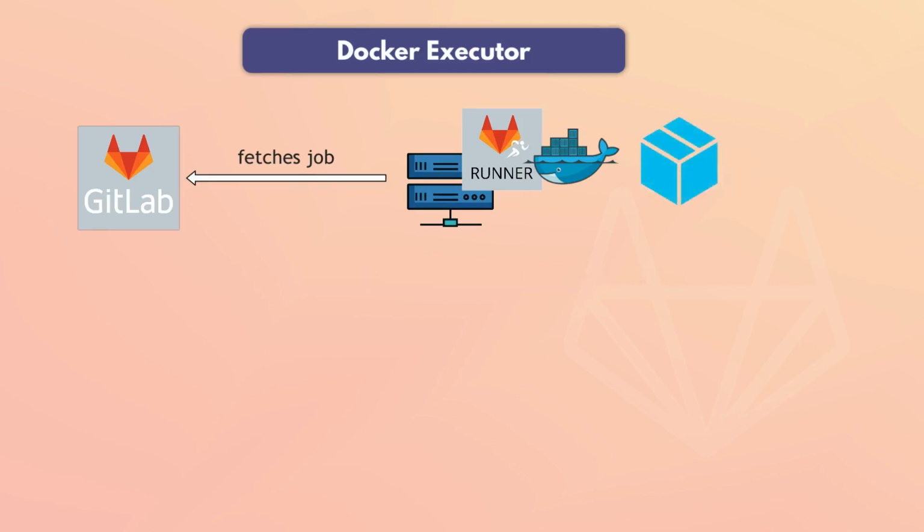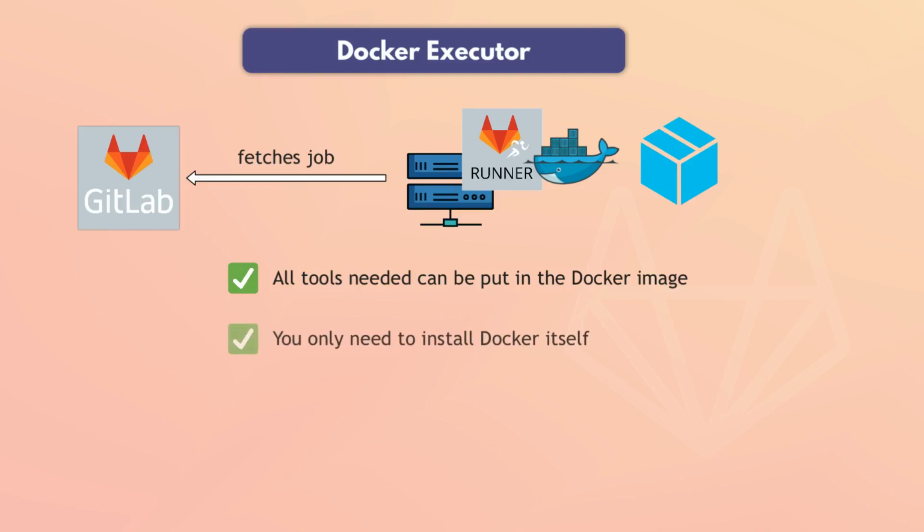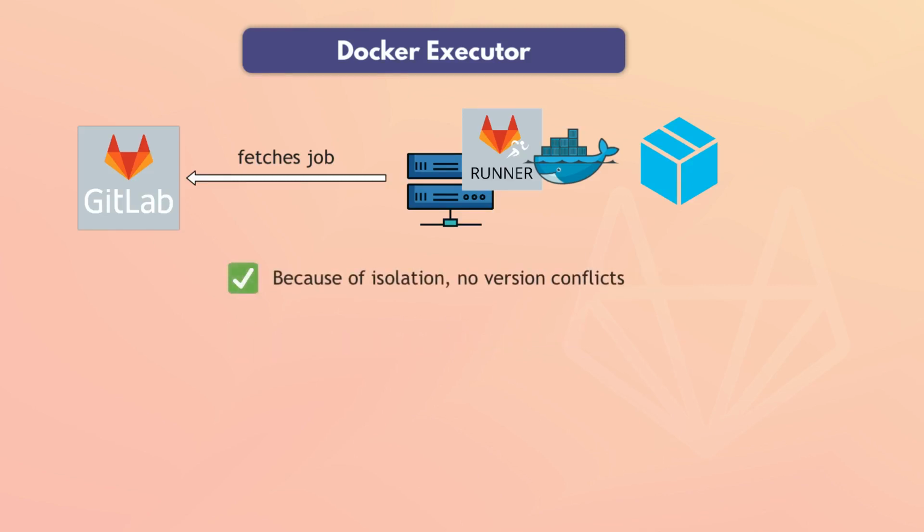And this solves a couple of things. First of all, you can use images with already installed npm, Java, or whatever tool you need. So you don't have to manually configure anything on the server, except for the Docker itself. Plus, now you can choose a different version for each job as you need.